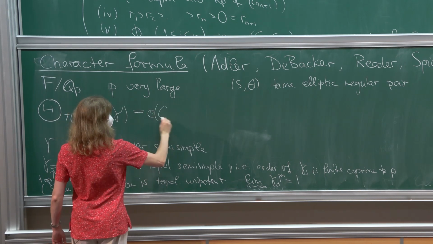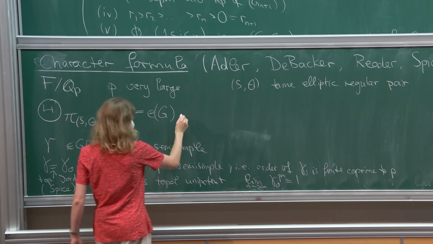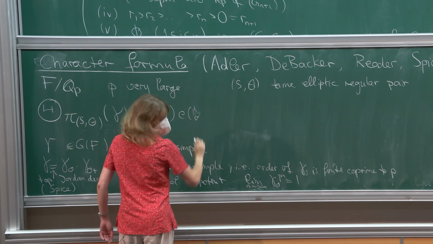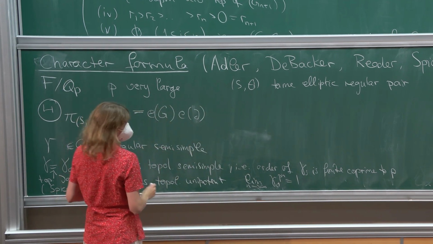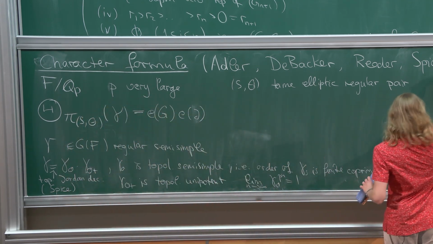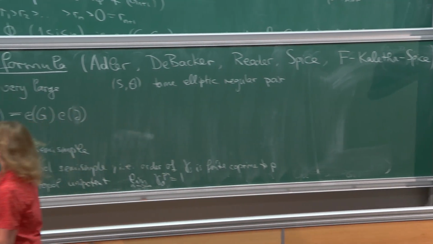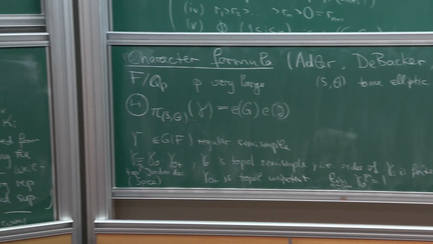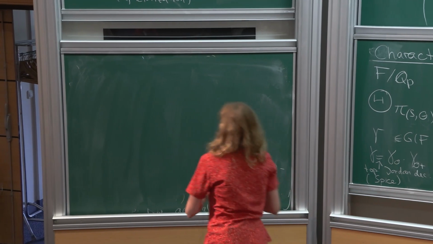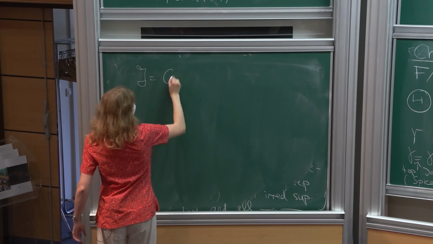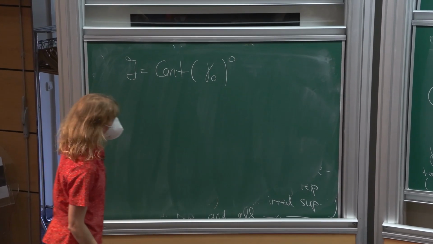What is in there? We've seen last time the Kottwitz sign of G. Now there's a Kottwitz sign of J as well that wasn't there last time. What is J? J is the centralizer of gamma 0, connected component.